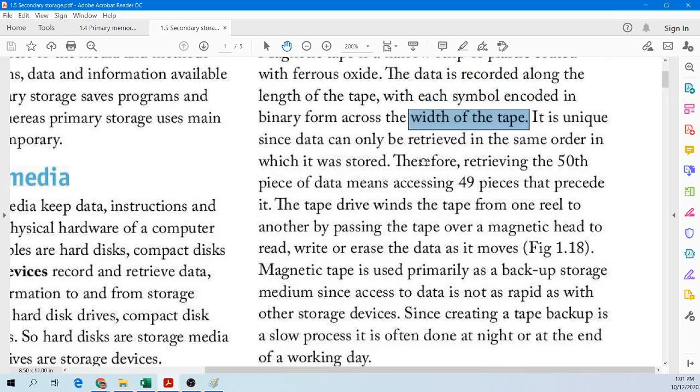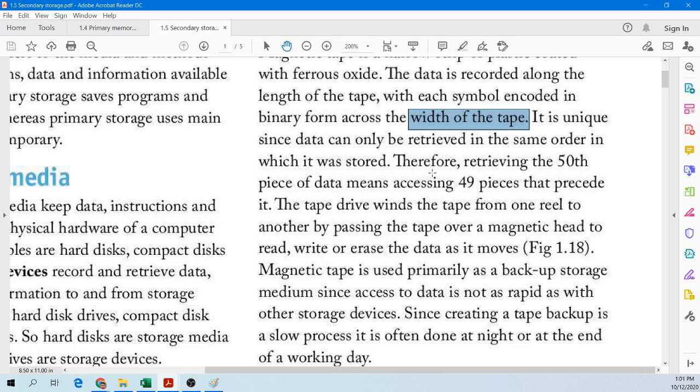Now, the disadvantage you can say of a magnetic tape is its speed. You cannot access data quickly with a magnetic tape, because as it says here, with a tape you have to access its data sequentially.